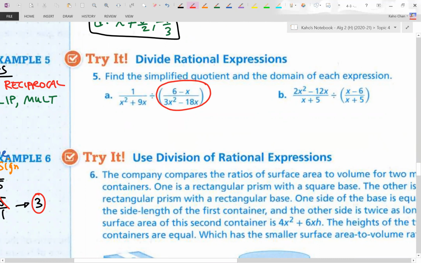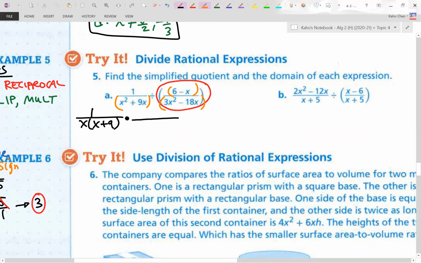Not that exciting, yeah? I notice the first fraction can be factored out with a monomial GCF. Let's do that. Take out an x. Great. And the second one, I'm going to change the division to multiplication, and I'm going to do it upside down, okay? 6 minus x, ooh, that looks very familiar, doesn't it?